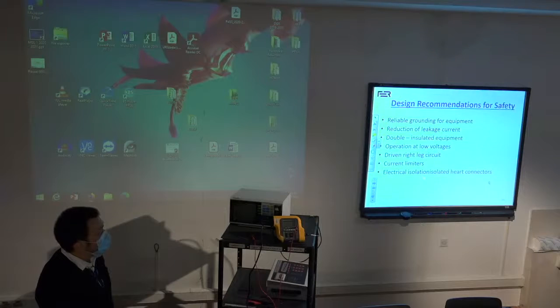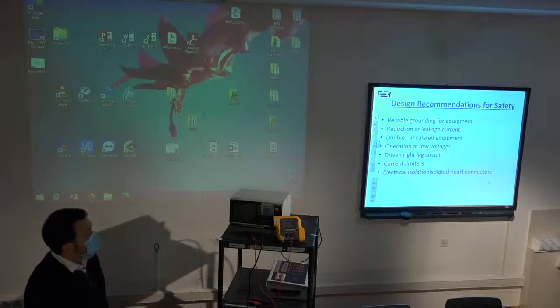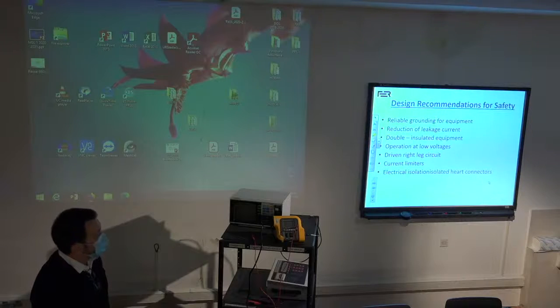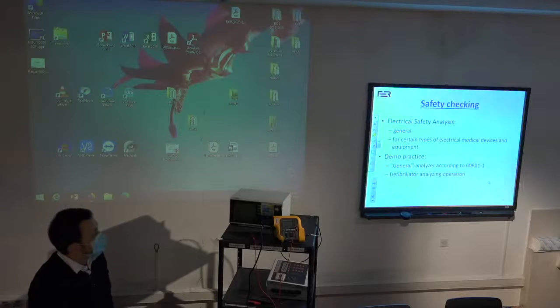So these are all those things that are being tested here, so that you can see that this is actually a very small part from the general standard that are being tested.